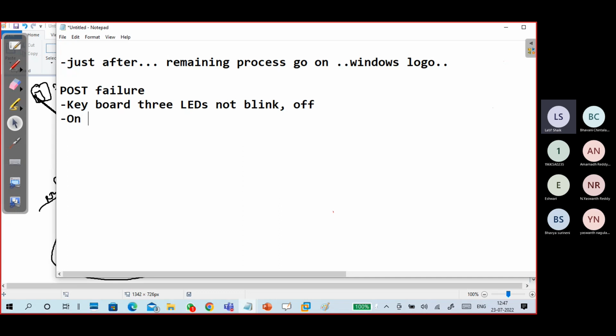Next, on the monitor: black screen. No monitor logo also.